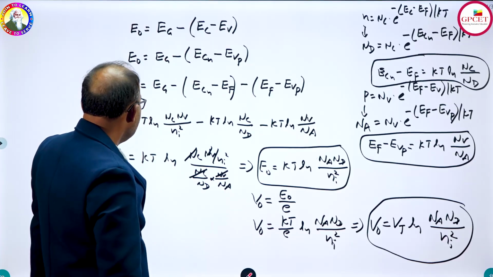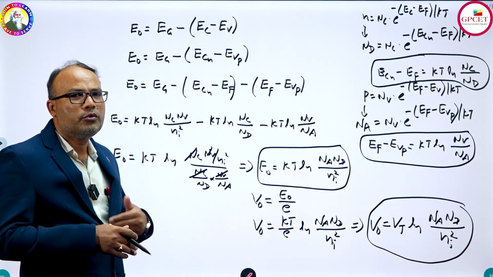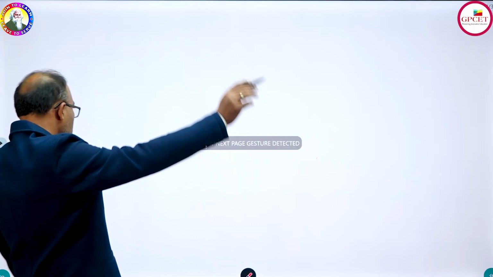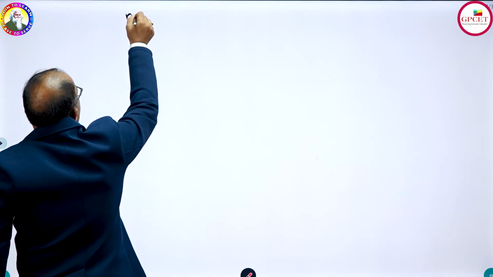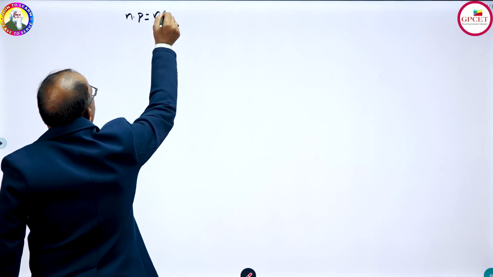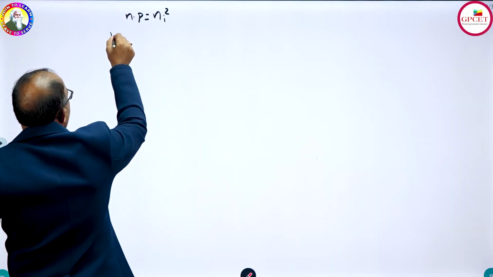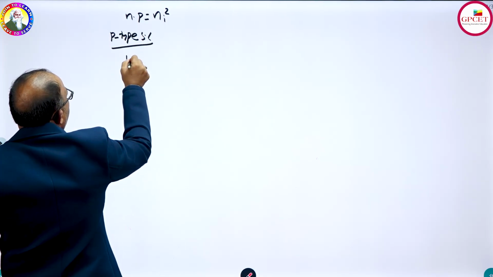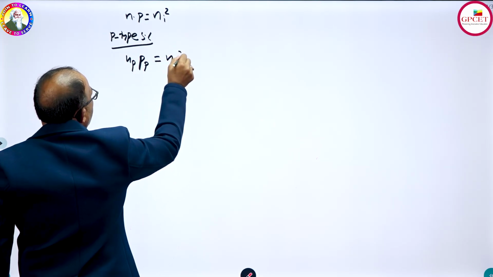Now similarly, the same expressions can be extended to P type and N type semiconductor using mass action law. According to mass action law, we know that N into P is equal to Ni square. For P type semiconductor, we know that Np into Pp is equal to Ni square.